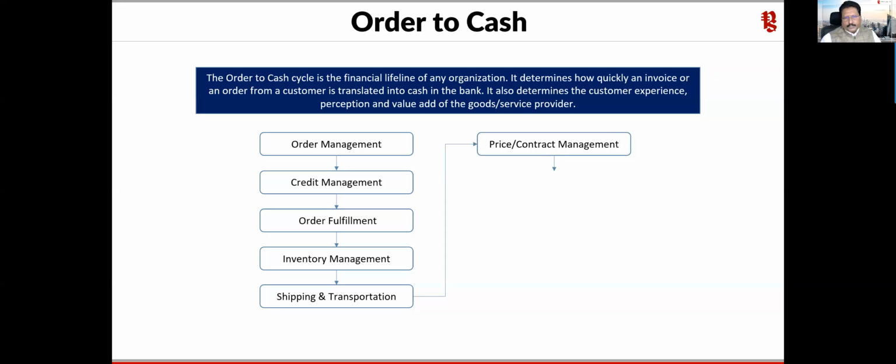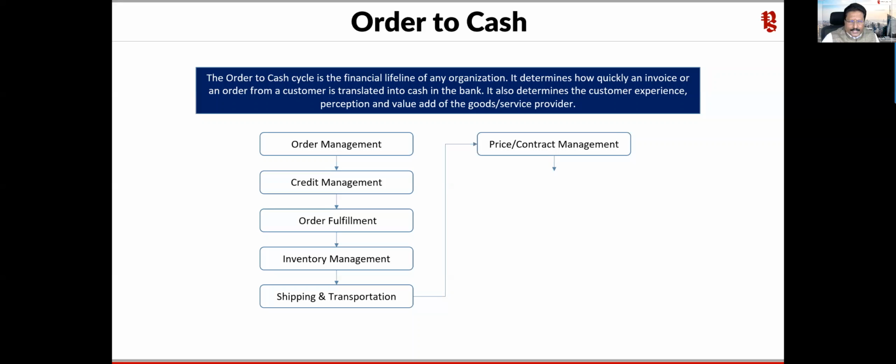And then sometimes what happens, you get into a price contract, right? So what is this price contract? Especially if you see government or semi-government organizations, and other companies also, they do this.